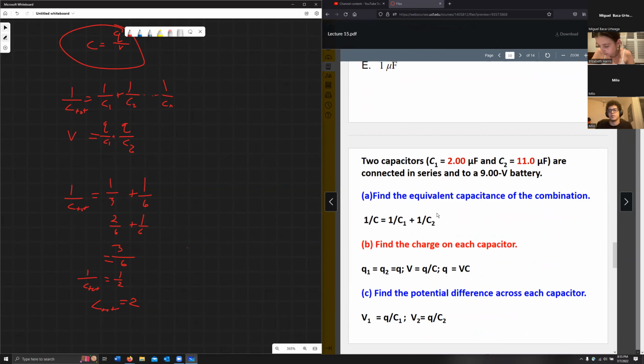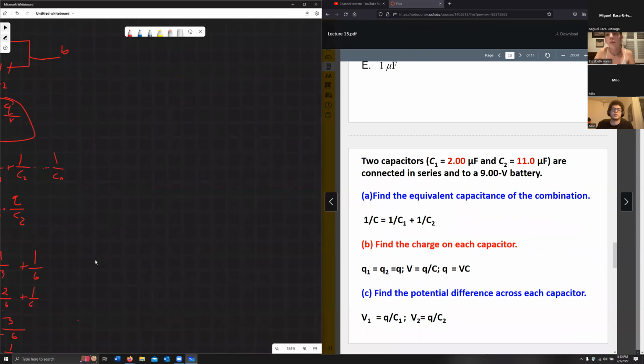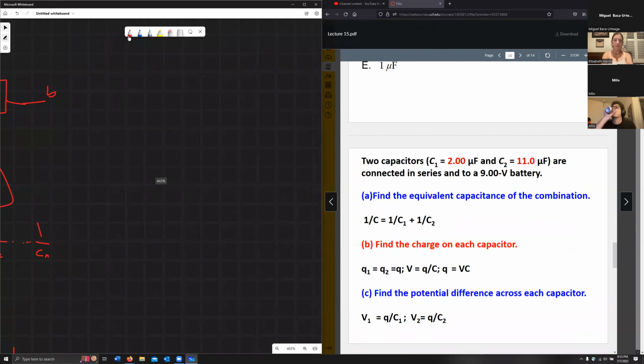So here we have 2 capacitors, 2 and 11, connected in series to a 9-volt battery. So you have a battery, and 2 capacitors in series.